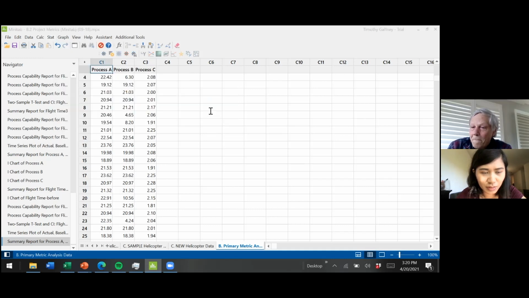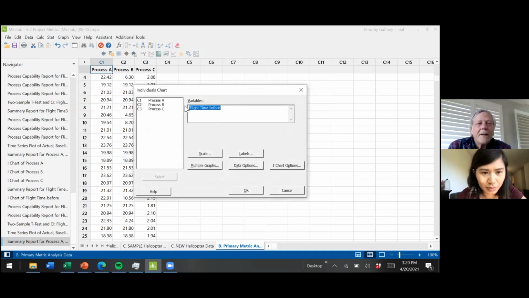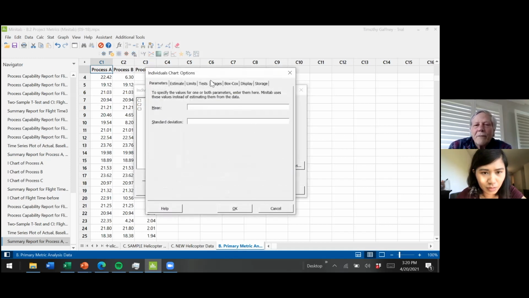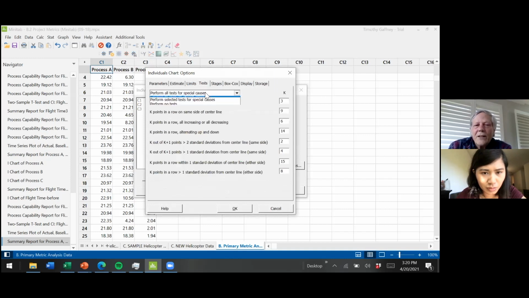For the I chart options, you have to go to Tests and say perform special tests, all tests for special causes. That checks off every one of these.